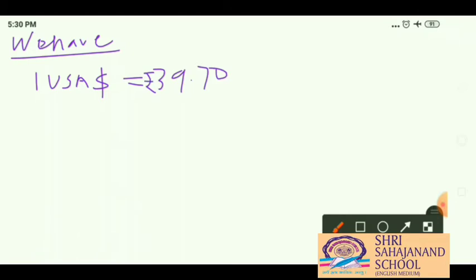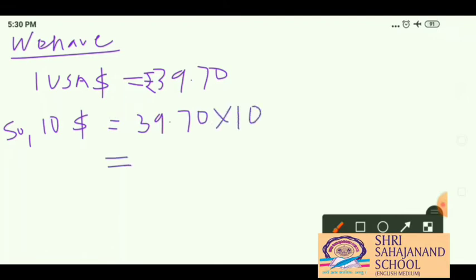You can also write the symbol of rupees. So 10 USA dollars will make 39.70 multiplied by 10. Now you will get how much? It's a simple multiplication.